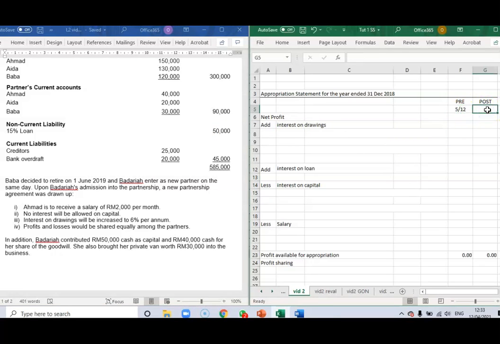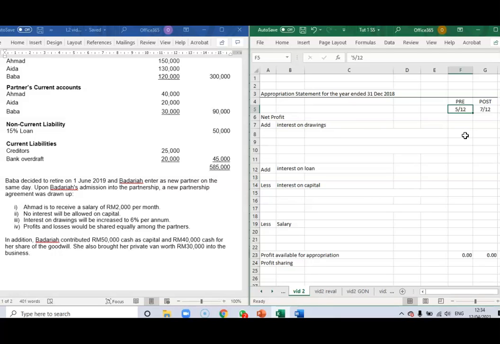And the post is from June, so it's 7 over 12, 7 months, and pre is 5 months. It is very, very important to identify what is the pre and what is the post, the pre months and post months. Always use your fingers.